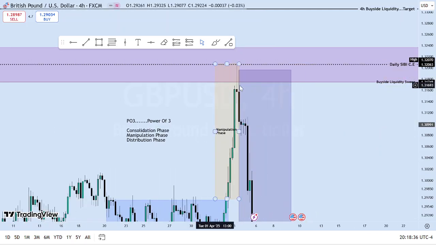You took out the buy side liquidity, then delivered inside an inefficiency, consequent encroachment. Then you anticipate a distribution phase.